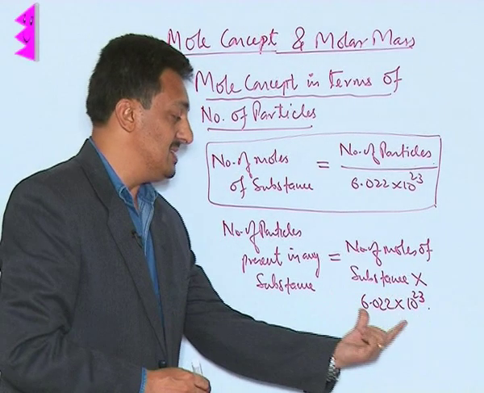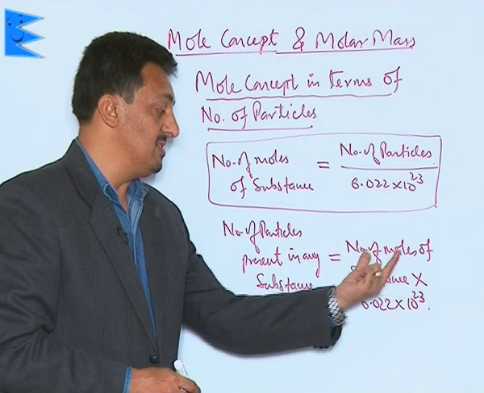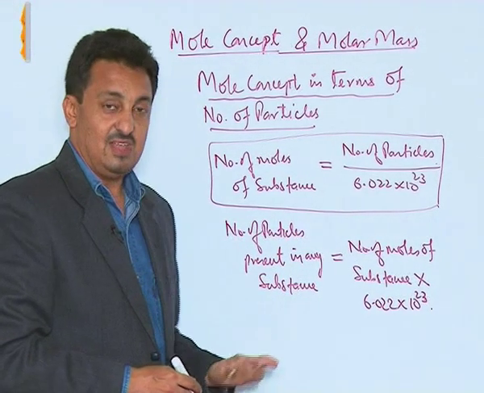So the moment you multiply this number, which we also call the Avogadro number, with the number of moles of the substance, what we get is the number of particles present in that particular substance.